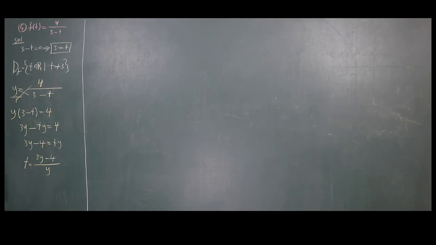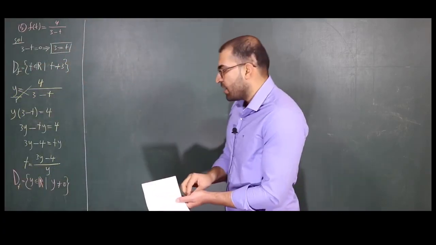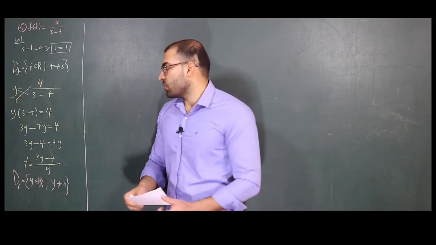So it's clear that the range of this function, or the domain of this new function t, equals all y belonging to the real numbers, such that y doesn't equal 0, because the only number that makes this new function not defined is y equal to 0.